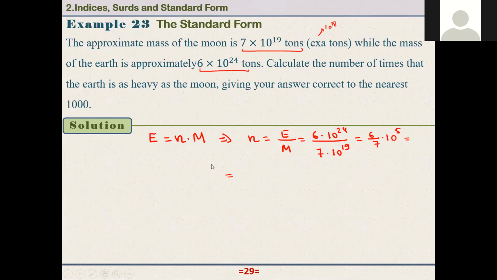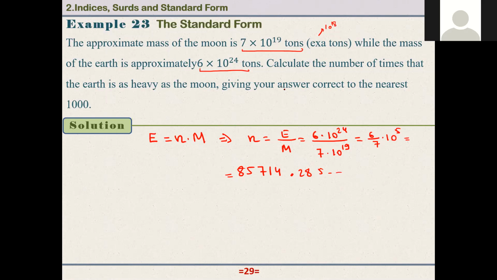So that is 6 over 7 times 10 to the power 5. When you evaluate this, we get 85,714.28 and so on.